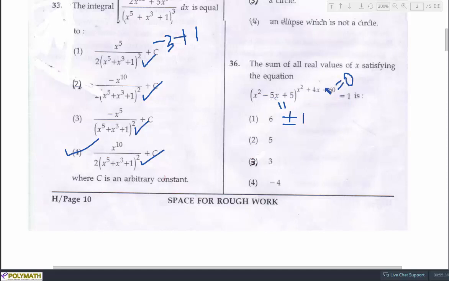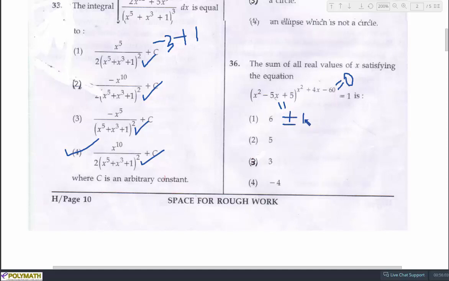And any power to the base 1 also becomes 1. And any power to the base minus 1 also becomes 1. But this minus 1 should have even power.